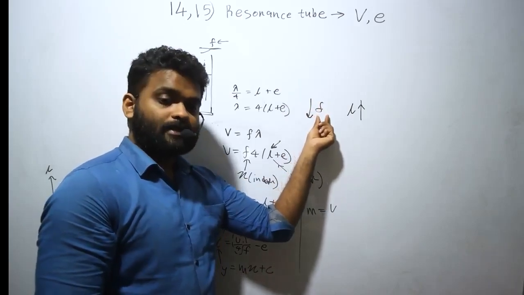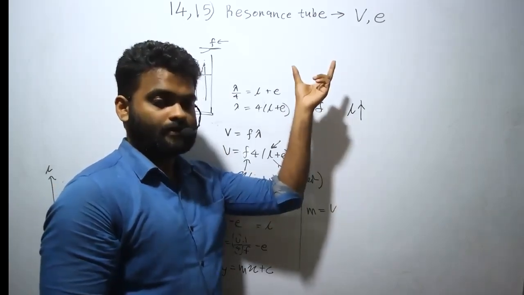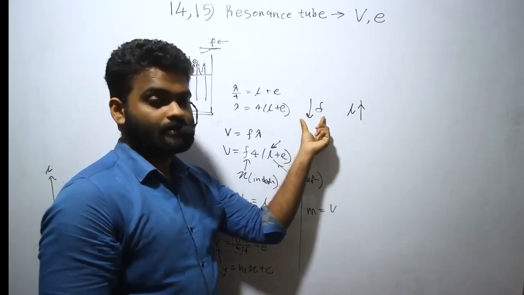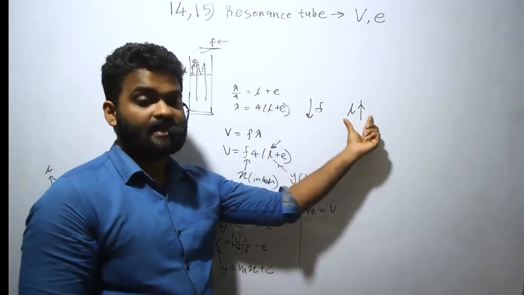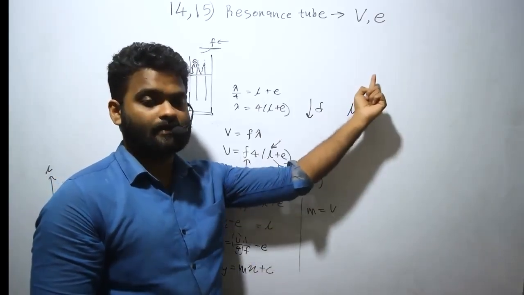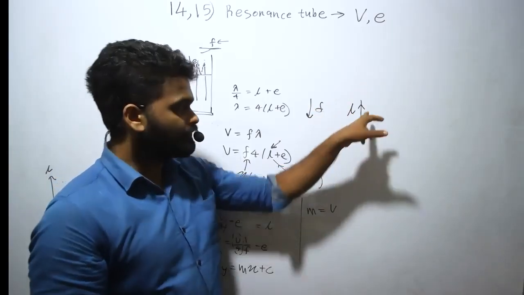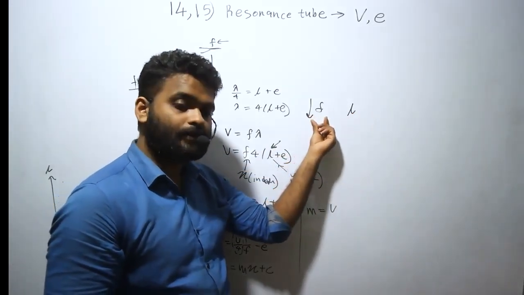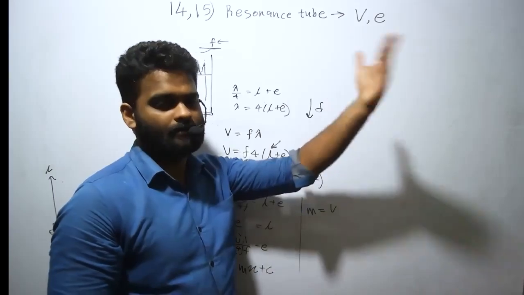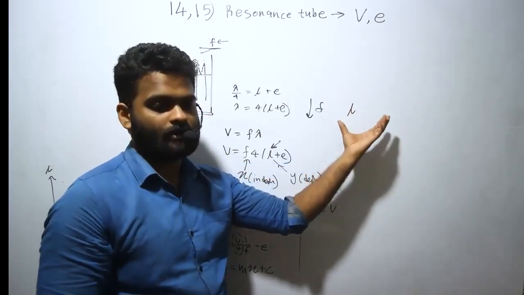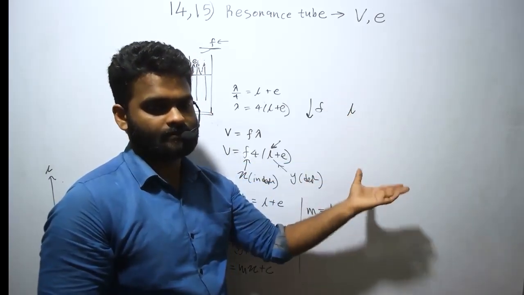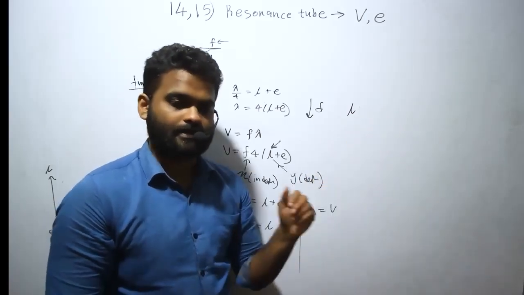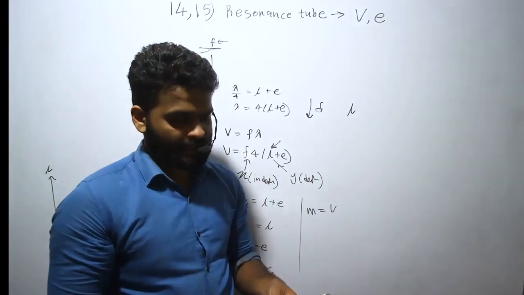You get the largest fork, meaning the lowest frequency fork, and the resonating length is highest for that. So for other forks, L will be lower values. If L is sufficient for the lowest frequency, for other forks also L is going to be sufficient, because the resonating length will be less for higher frequencies. Understood? So that is what it means.